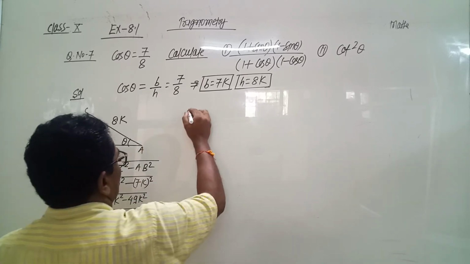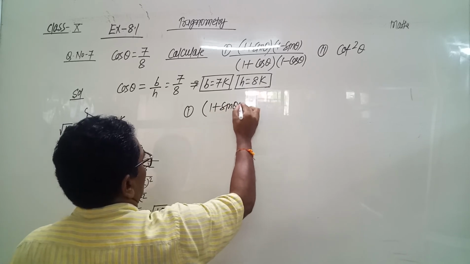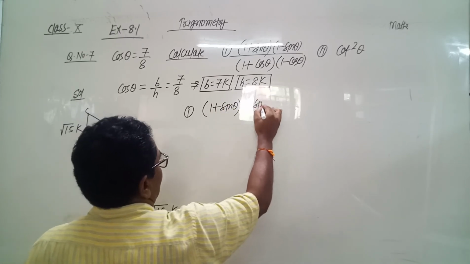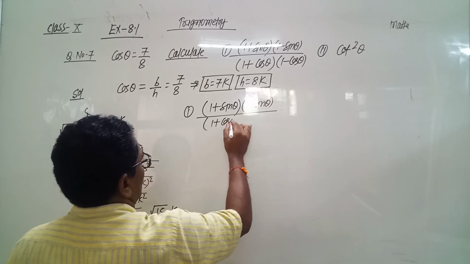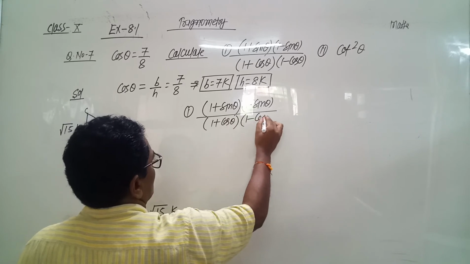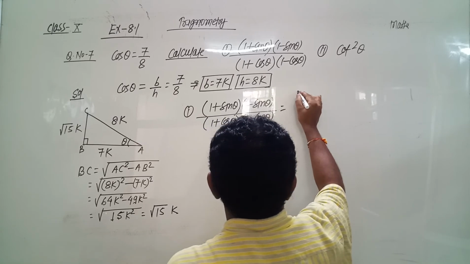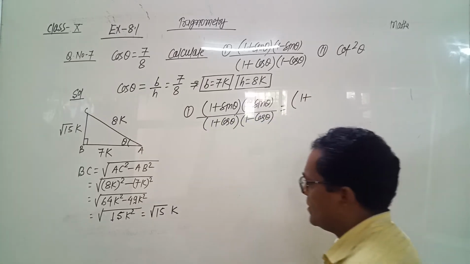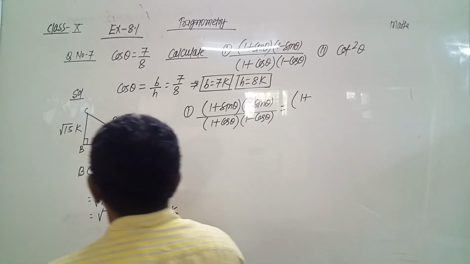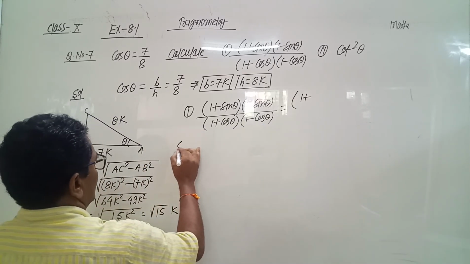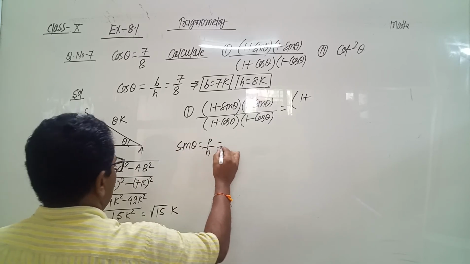Now we have to find the value of (1 plus sin theta)(1 minus sin theta) upon (1 plus cos theta)(1 minus cos theta). We have to calculate the value of sin theta and cos theta. Sin theta equals perpendicular upon hypotenuse.